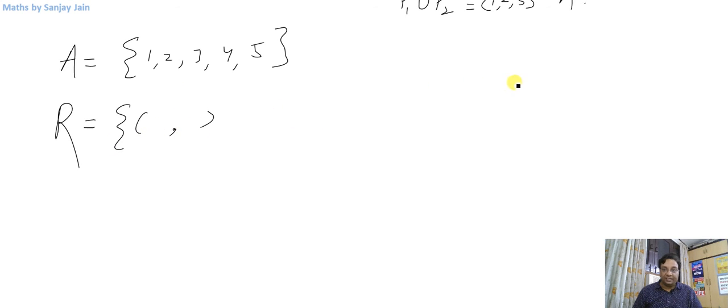I have explained it so many times that you would be comfortable with this idea now. And this relation, because I need to talk about equivalence class, I have to select such a relation which is an equivalence relation. So for it to be an equivalence relation, it should satisfy the property of reflexivity, right? For it to be reflexive, every element of A should have a doublet in this relation.